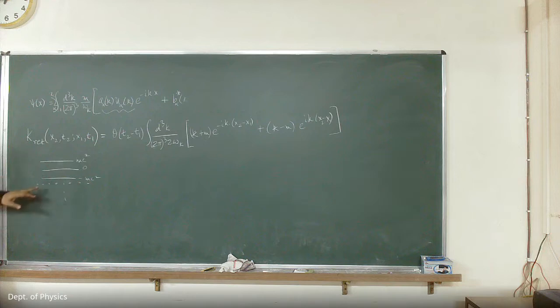Don't think that the electron missing here goes here, it is not like this. Don't think like that. A state where an electron is missing from a negative energy state. Once it is missing, the whole sea will behave like a positive energy, positively charged, spin-flipped particle. Right? Spin also will flip, charge also will flip, energy will also flip. All these things will flip, mass will remain the same.